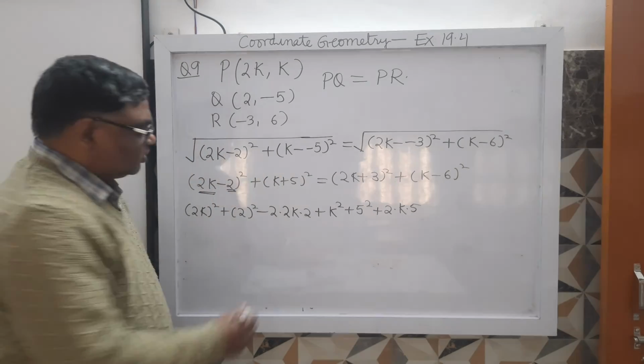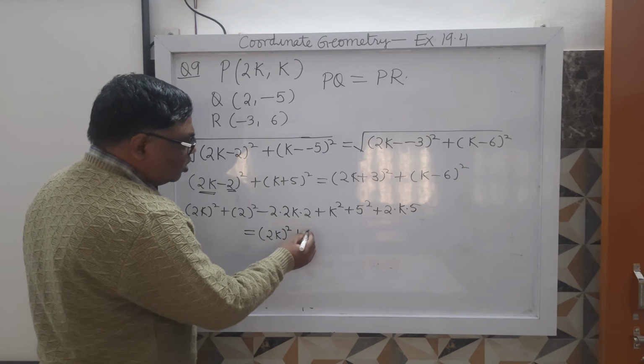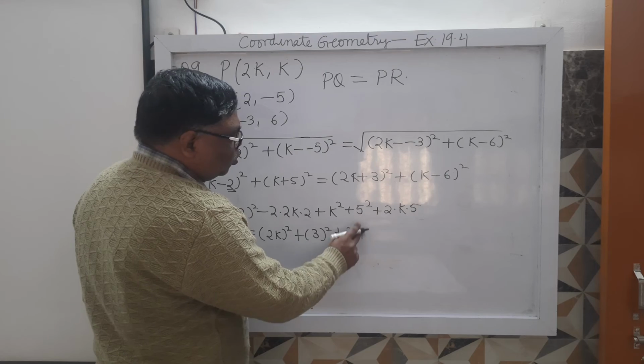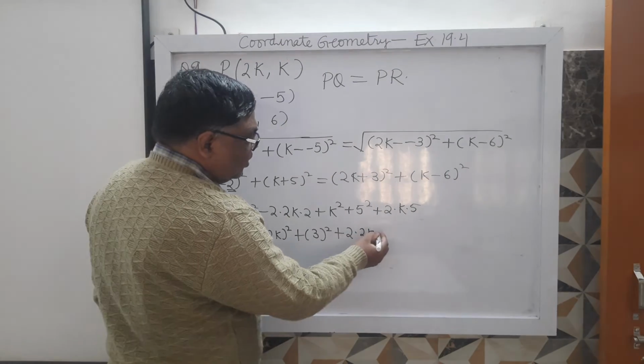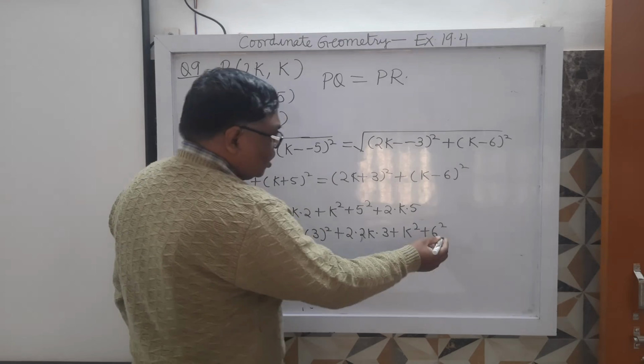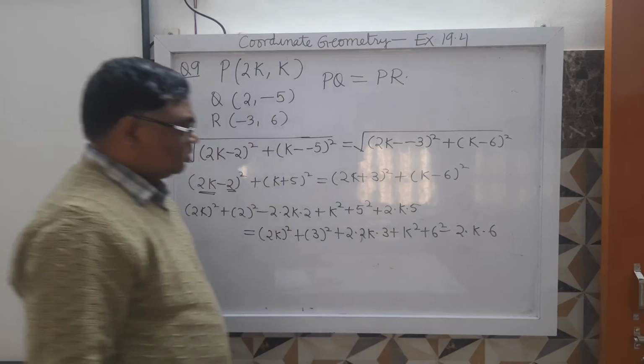Then you open this also: 2k whole square plus 3 whole square plus 2 into 2k into 3 plus k square plus 6 square minus 2 into k into 6.